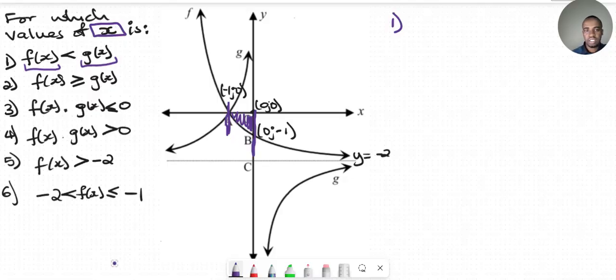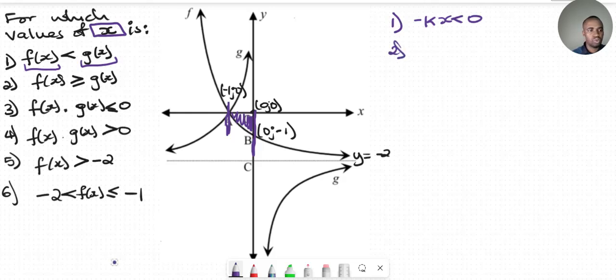Then my answer is going to be that x must be greater than -1. However, x must be less than 0, and it will be less than 0 because x at 0 is an asymptote.